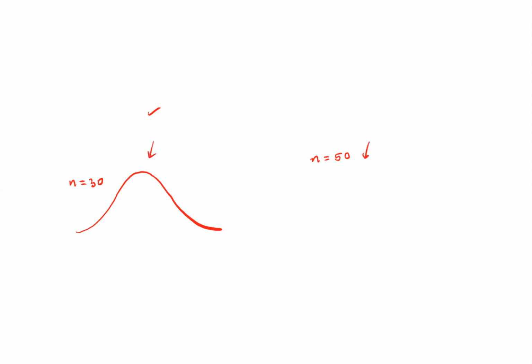The one has a smaller standard deviation, so it is going to be more like this. This is for sample size 50, this is for sample size 30. This one is more compact, more narrow, whereas this one is more spread out. So this one has less variation, and this one has relatively more variation.